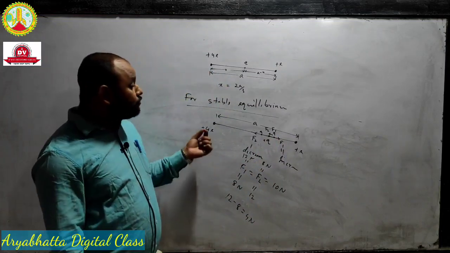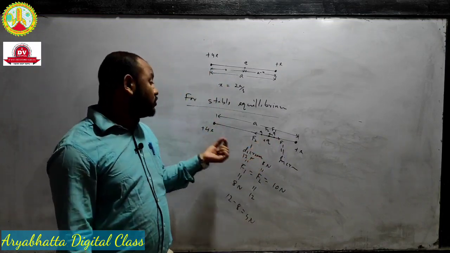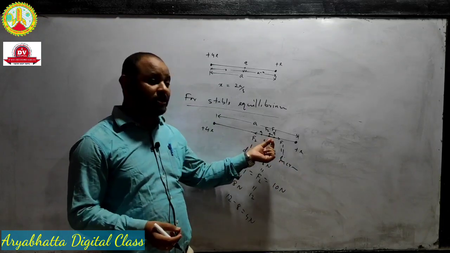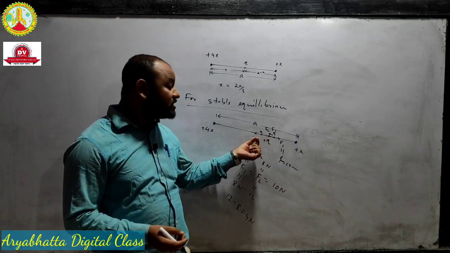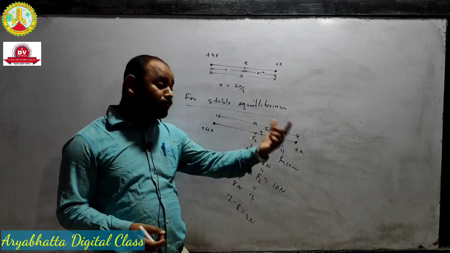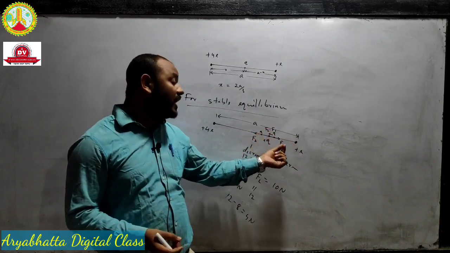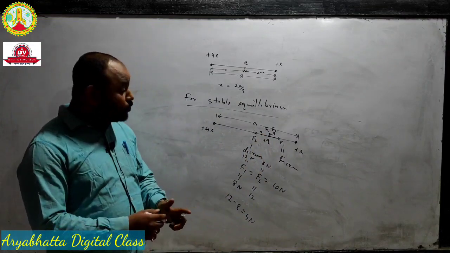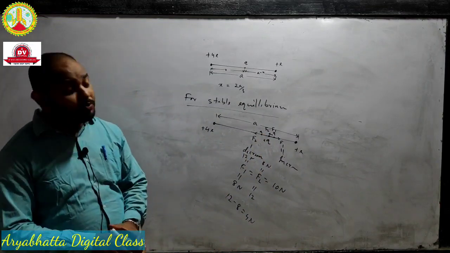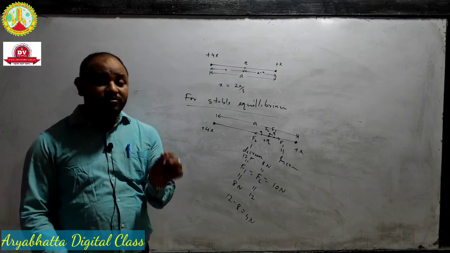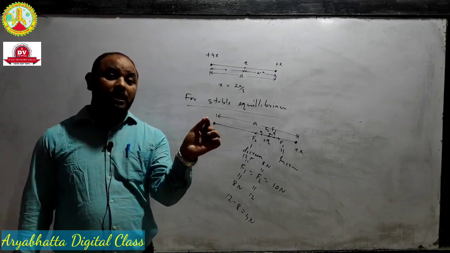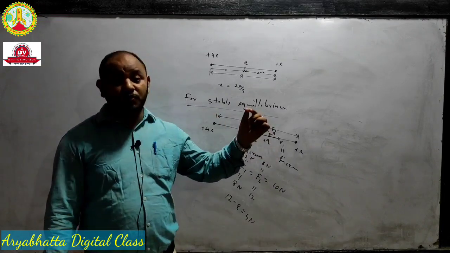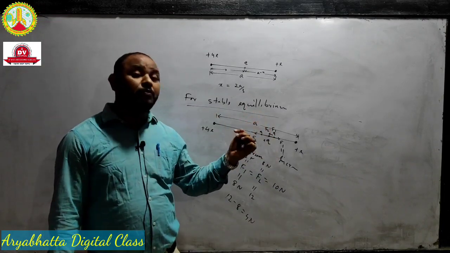That means if we put a positive charge between two positive charges, what happens? If the charge is slightly displaced, the net force will bring that charge again to the equilibrium position.